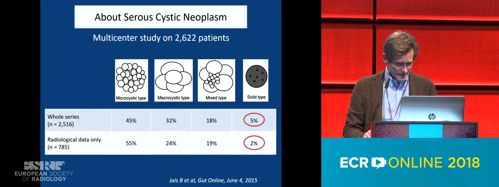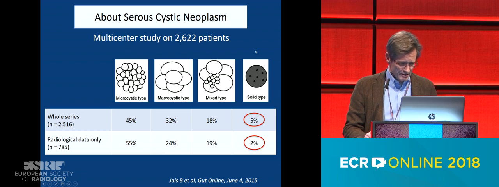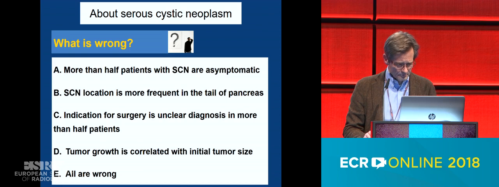Okay, so just to remind you from this multicenter study on more than 2,000 patients that the solid type of serous cystadenoma is very, very uncommon, 2% in the radiological series and 5% in the whole series examined in this meta-analysis.